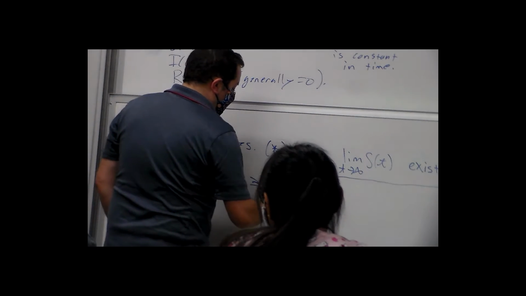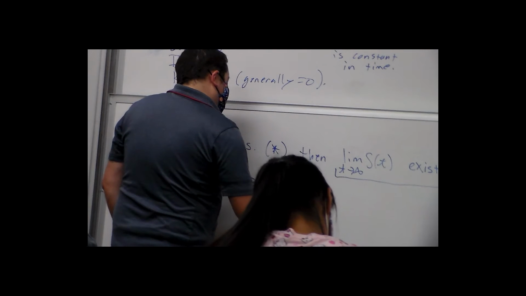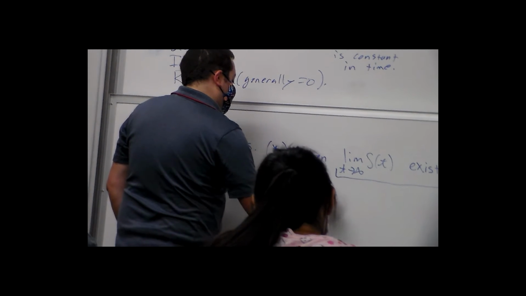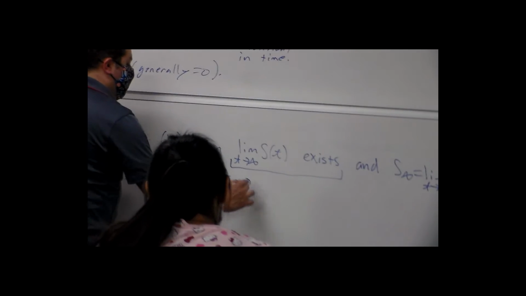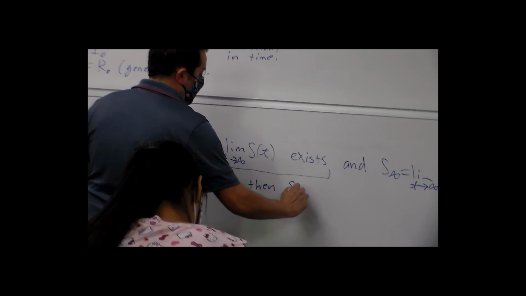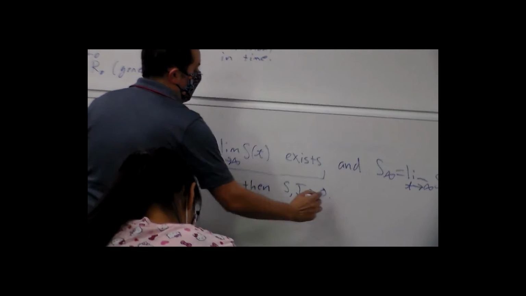Let's just show it for S and I. So the first thing I want to do is show that if S naught and I naught are greater than 0, then S and I are greater than 0.